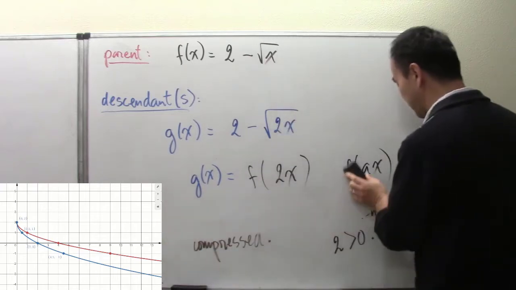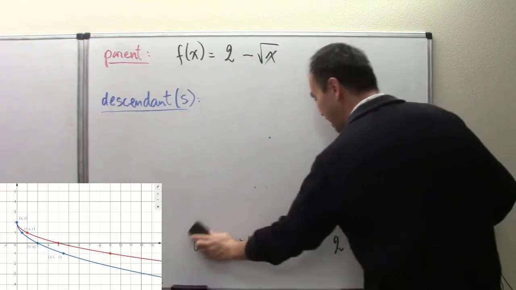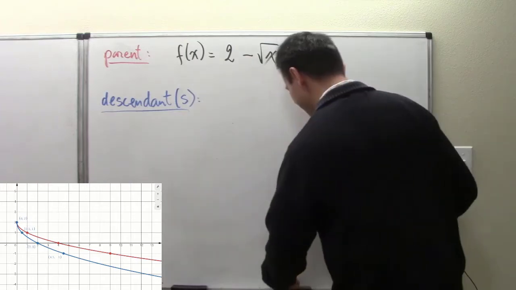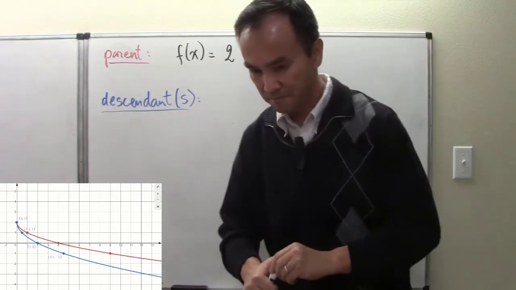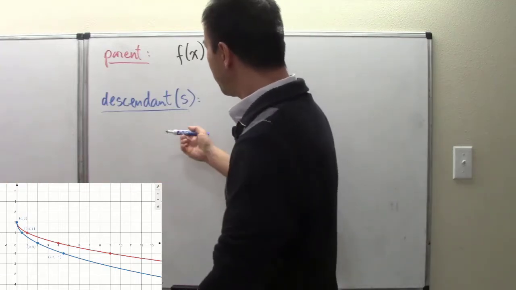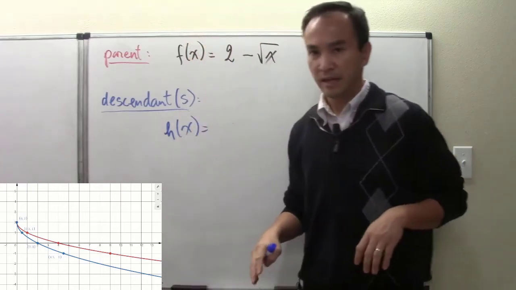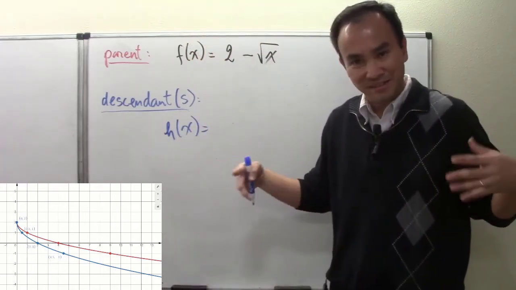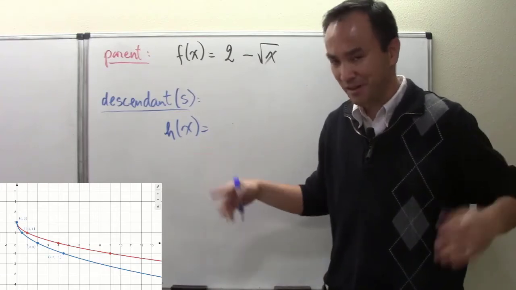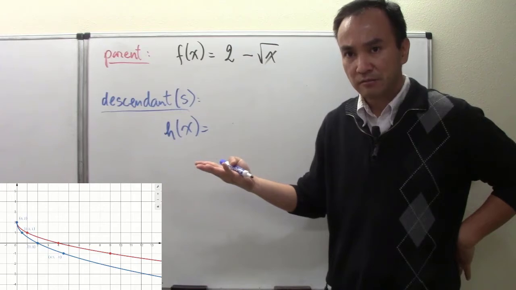Now let me put in another descendant function. Let's call that h of x. So h of x here is another descendant. As I keep making this maybe a joke to somebody, a parent can have more than one child, right?